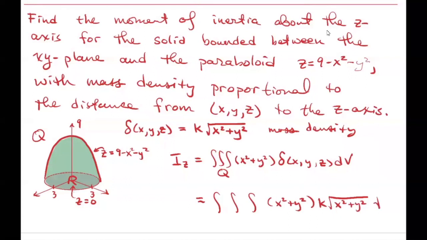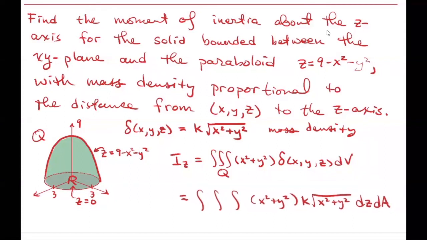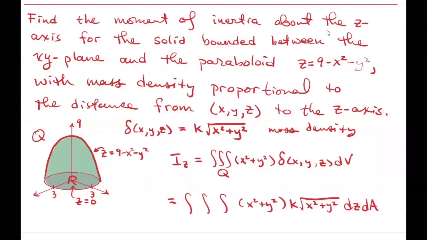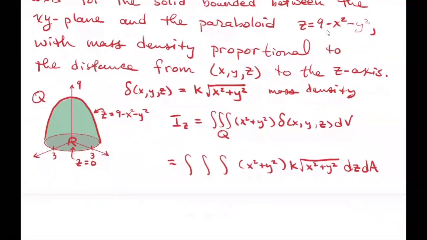And then I'm going to put a dz here, and then dA. I'll do dA now so that I don't have to decide what I'm going to do with it in the xy plane when I get to it. I'll probably switch to polar because I'm integrating over a circle. But remember, the innermost limits have to be surface to surface.